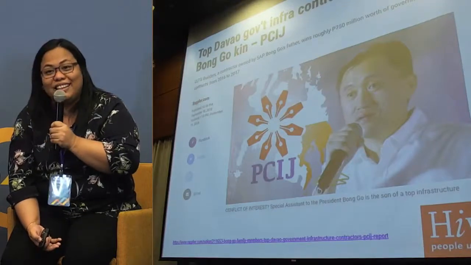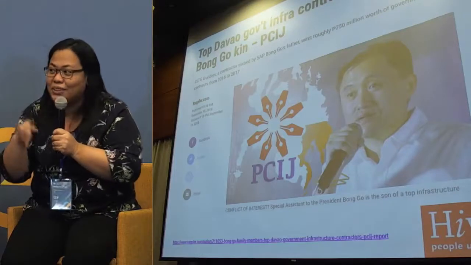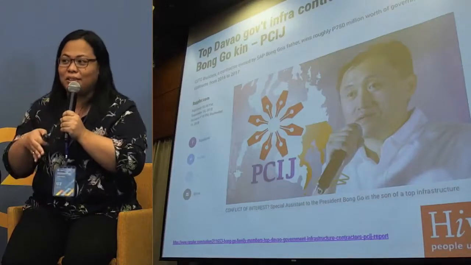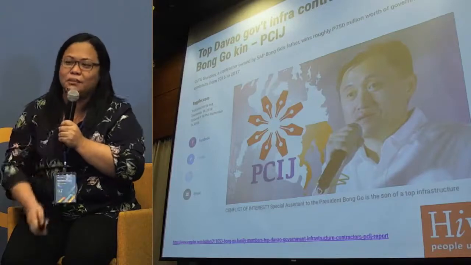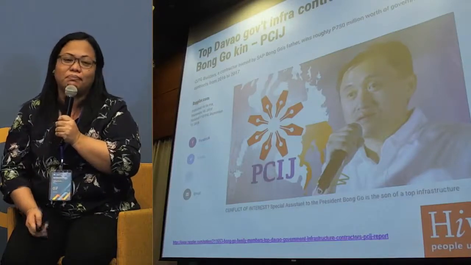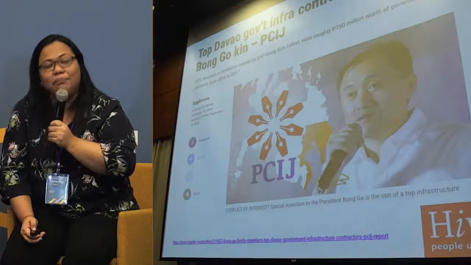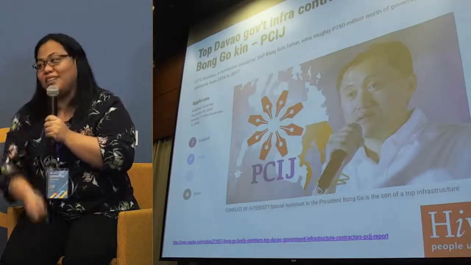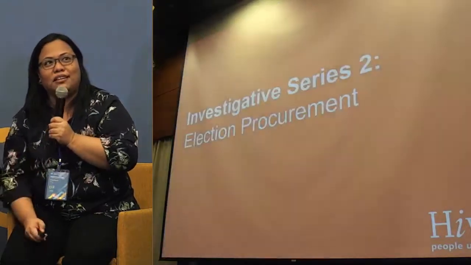So I guess this ticked off something in them, and they realized that there was something wrong. So they dug deeper, only to find out that the father of this subcontractor, the firm's owner, was actually the father of then Special Assistant Bongo, who is now currently also a senator who won in the midterm elections.